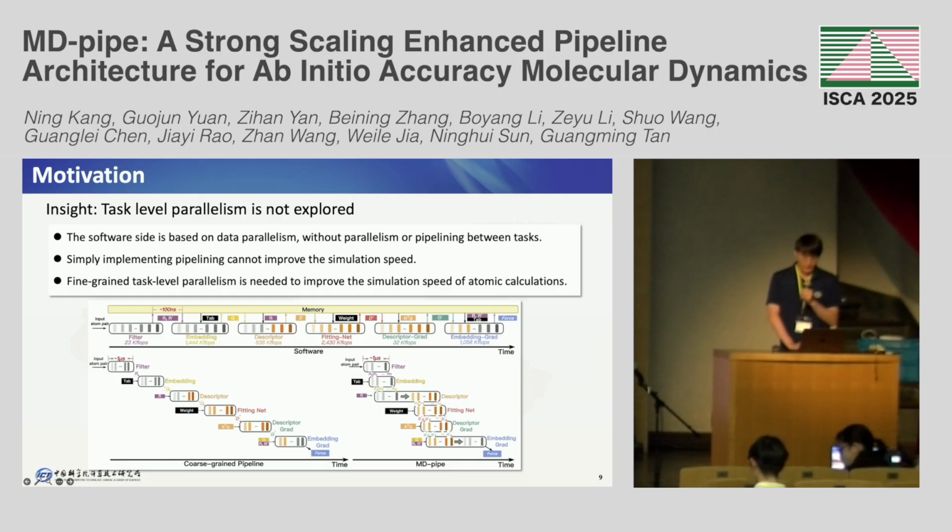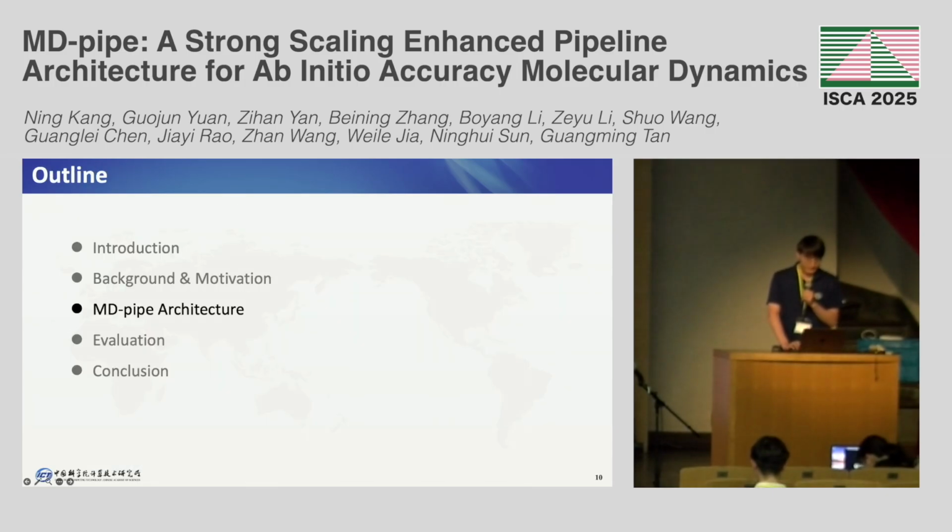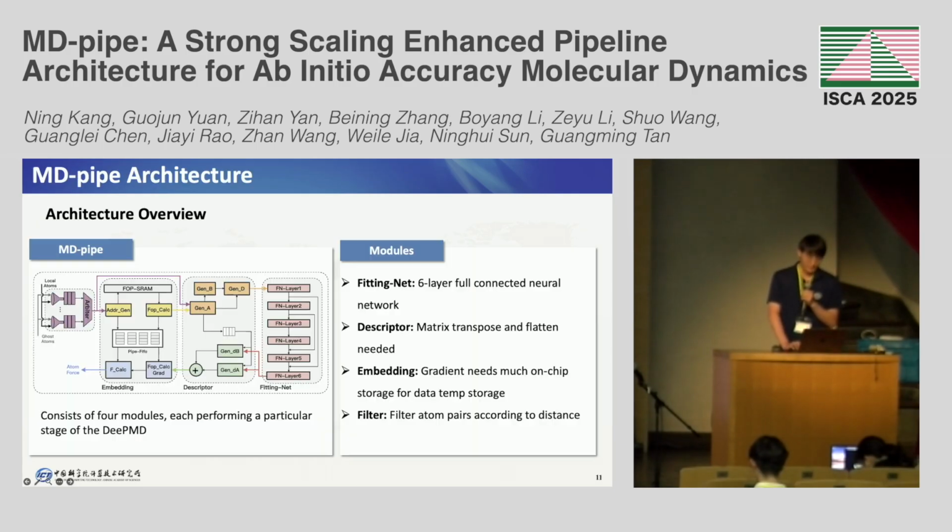The key solution is a fine-grained pipeline for task-level parallelism. The core lies in overlapping computational workload between tasks. Only through this method can we effectively enhance the performance of per-atom simulations. Based on these findings, we propose the MD-Pipe architecture design.